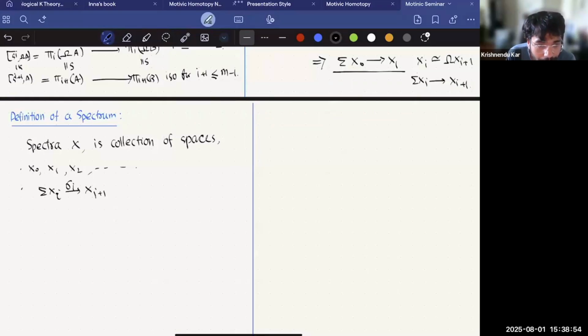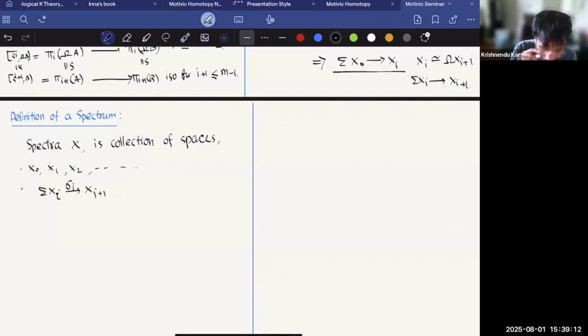A spectrum is a collection of all these spaces and all these maps. These are called structure maps, or something like that.